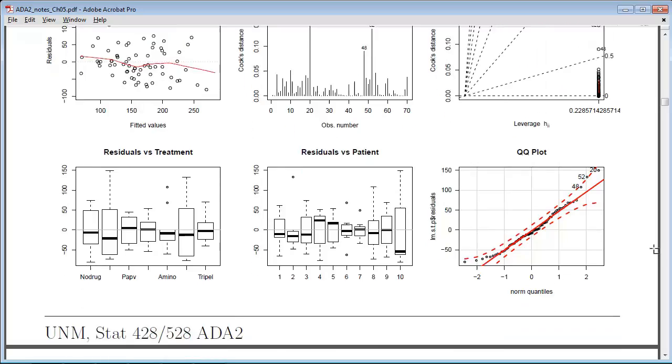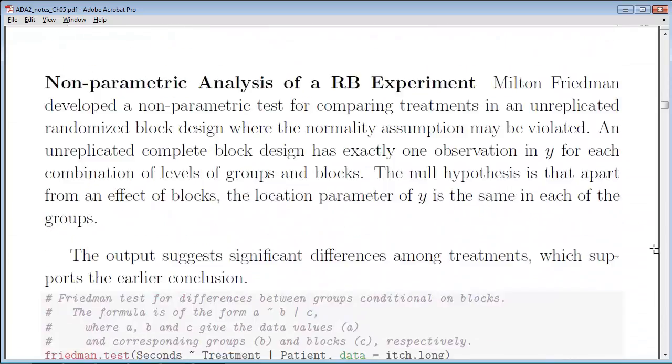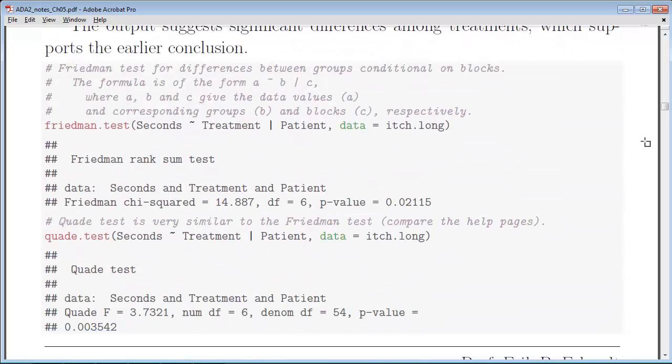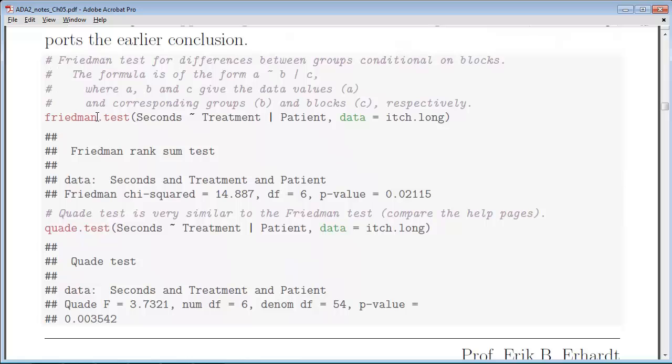The other thing we can do, as I scroll down, is the nonparametric version of the tests. So the nonparametric version is going to be the same, except we no longer assume that the residuals are normal. So that's called the Friedman test, and this is one way to do that.